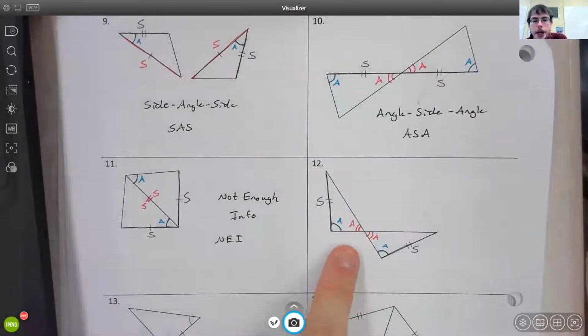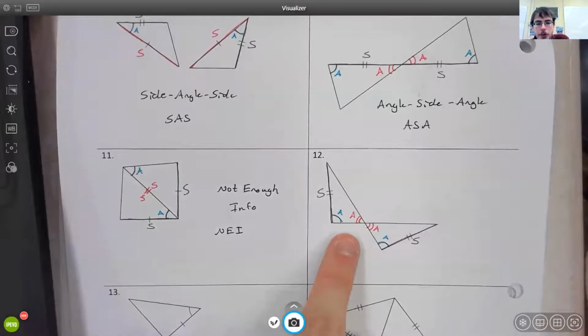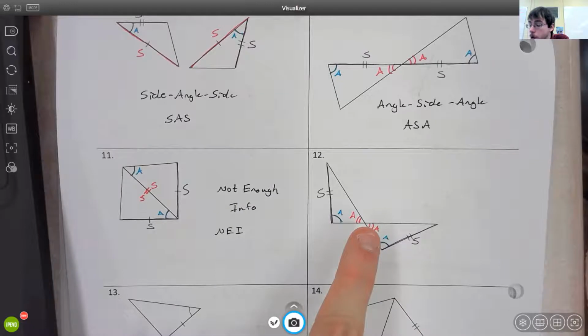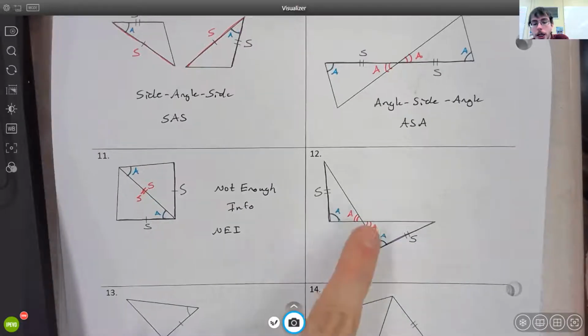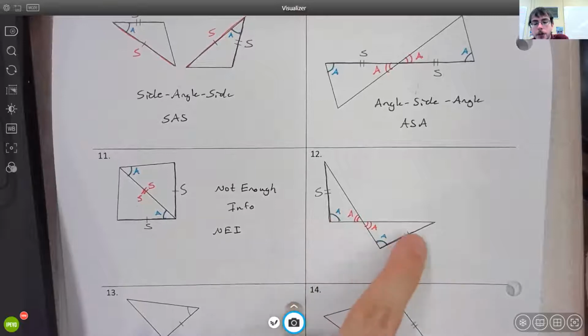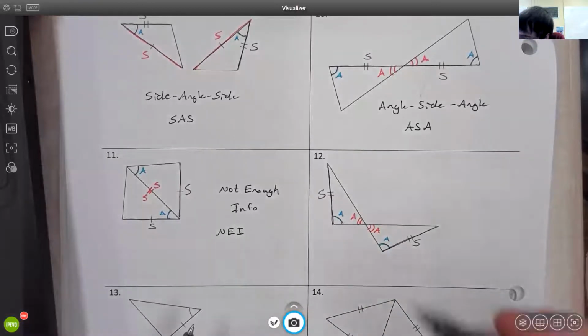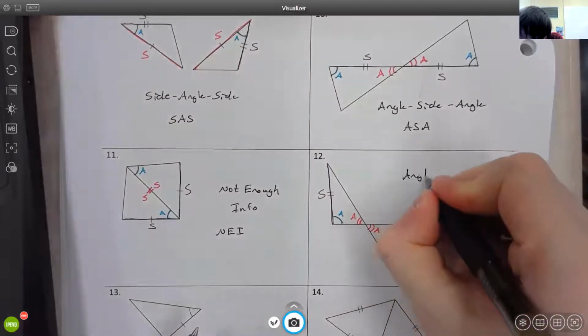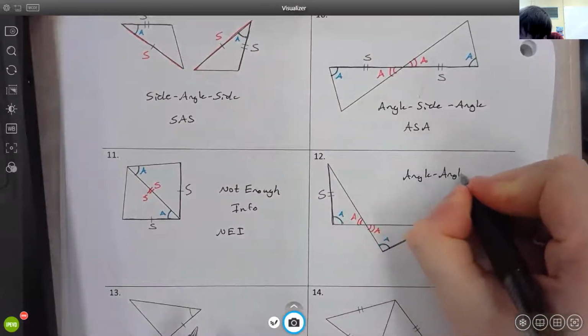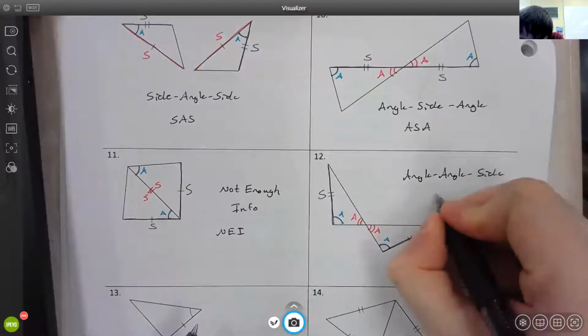So we have two congruent pairs of angles and one congruent pair of sides. Are the sides in between the angles, or are they outside of the angles? If we look here, we see that both of those are only touching one of the angles. So that means that we have angle, angle, side as our postulate, or AAS.